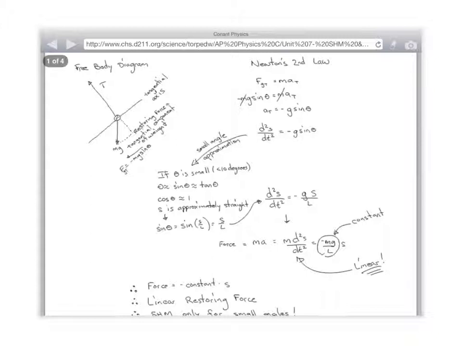So you have to get rid of the sine right off the bat. There is a solution to this one. There is not a solution to this one. Got it? You have to use the small angle approximation in order to get an answer. You have to. If you don't do it on the AP test when this comes up, because it will, then you will be wrong. Got it?